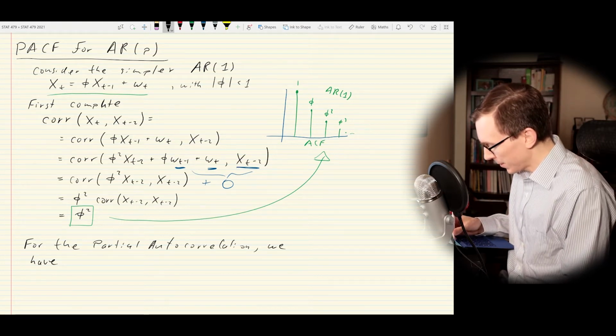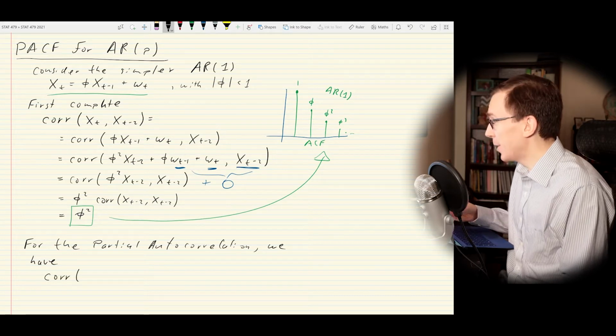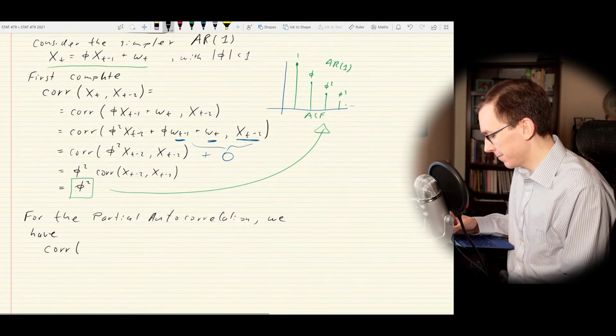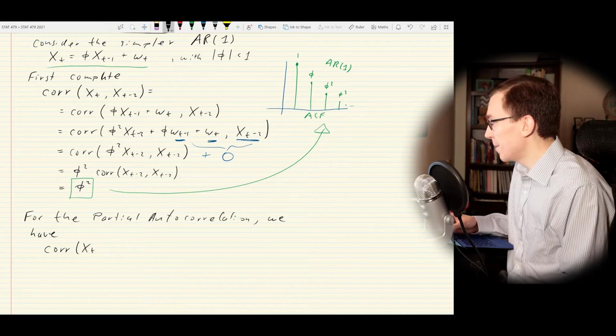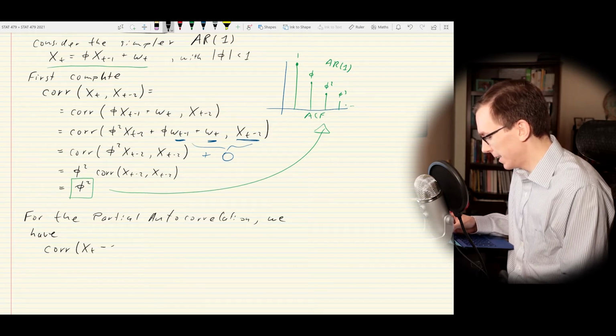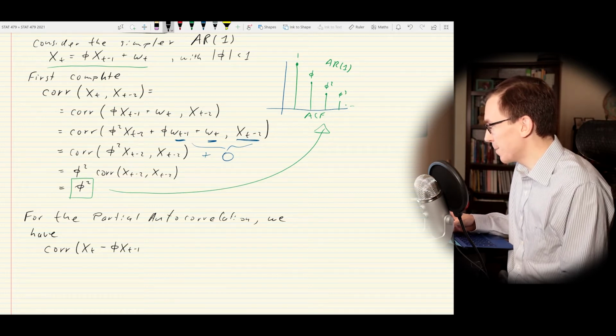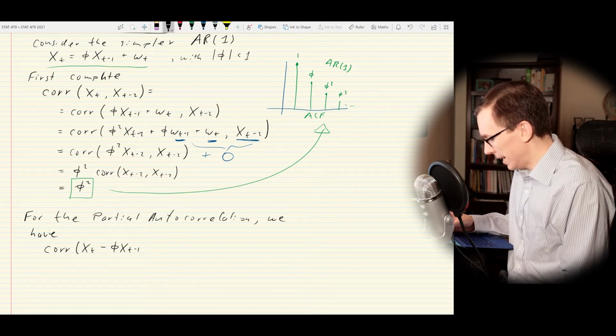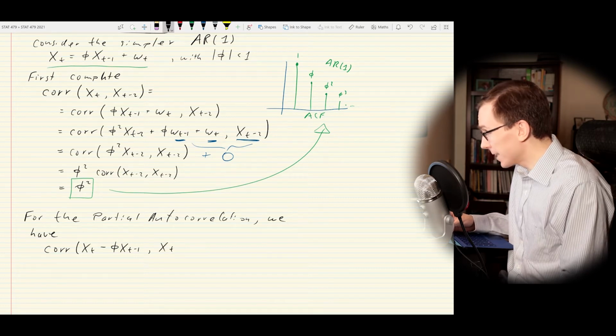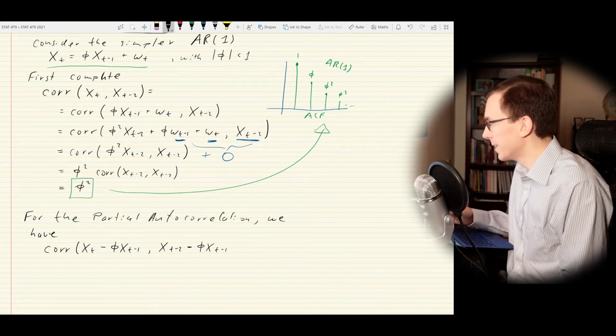We're going to compute the correlation between xt, but not xt, rather xt minus phi xt minus 1, and similarly, we take xt minus 2 and subtract phi xt minus 1.